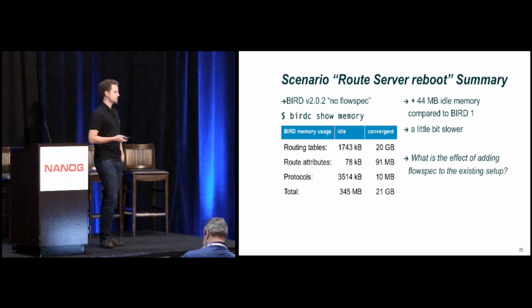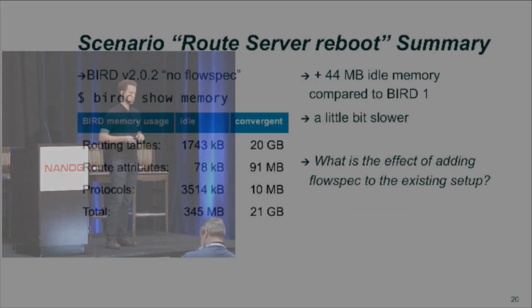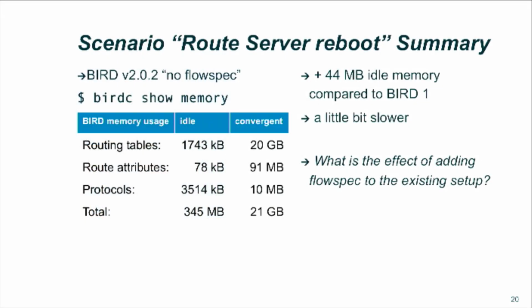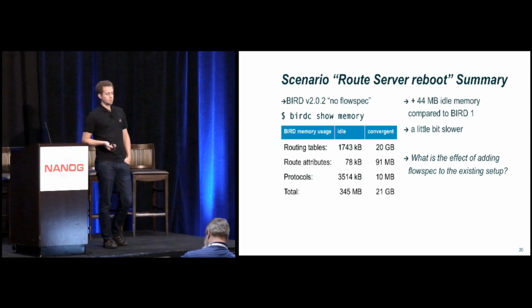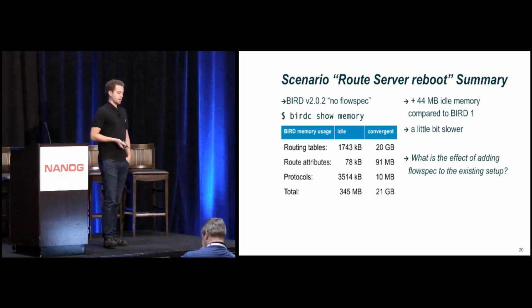You can investigate the BERT memory usage a bit more in detail with a special command that you can submit to the daemon. And here we have a table that outlines the memory use in idle state for all of the different data elements that BERT is keeping and in the convergent state. So we're seeing that BERT version 2 uses 44 megabytes more idle memory compared to the old stable version, but that's not a big deal.